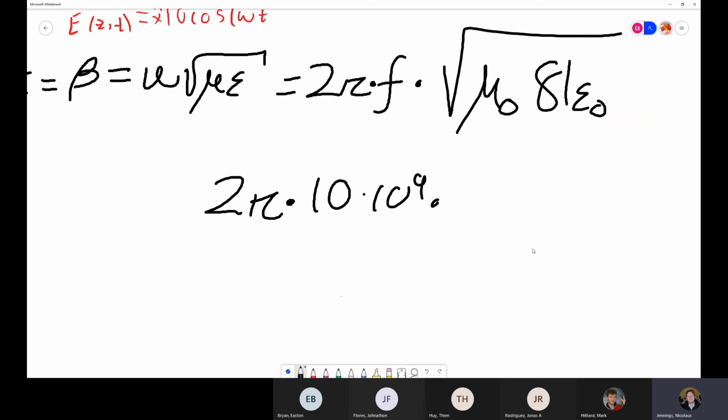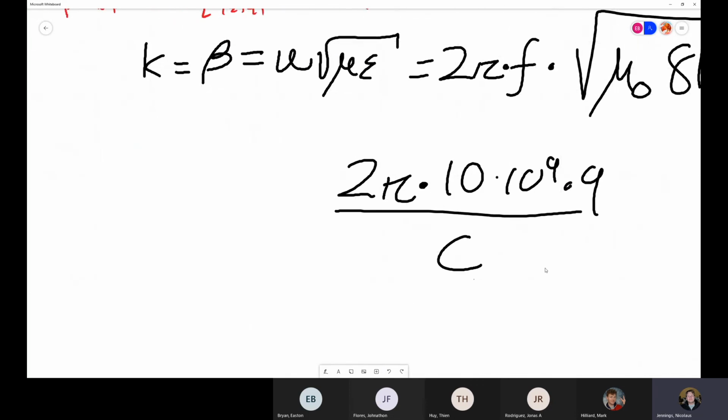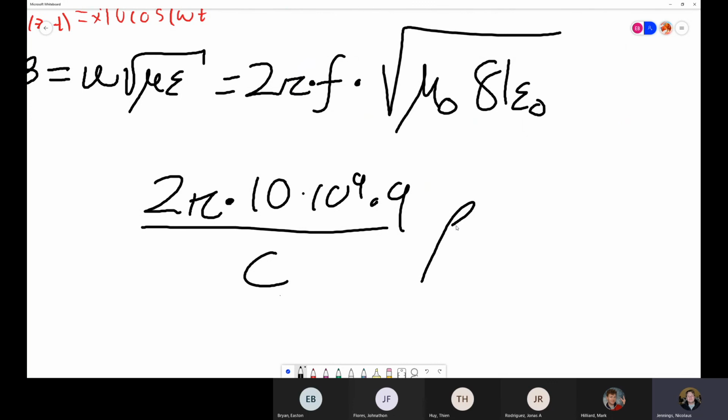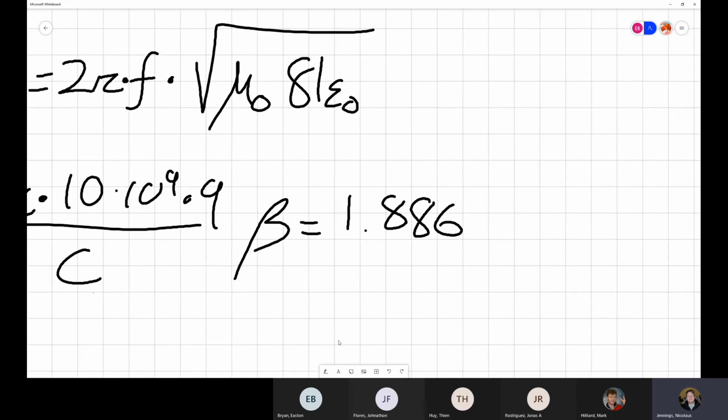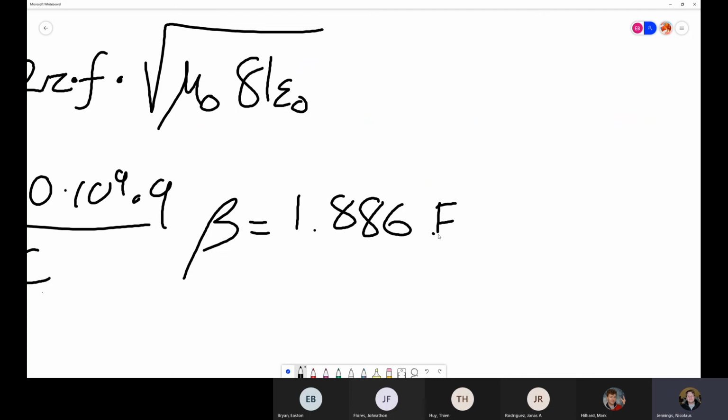Then we have mu naught, so this is just 1 over c, and then times 9 because we took the square root of 81, which is 9. We can solve for this, and we get beta, or k, equal to 1.886 kiloradians, or just E3 radians per meter. Yeah, per meter.